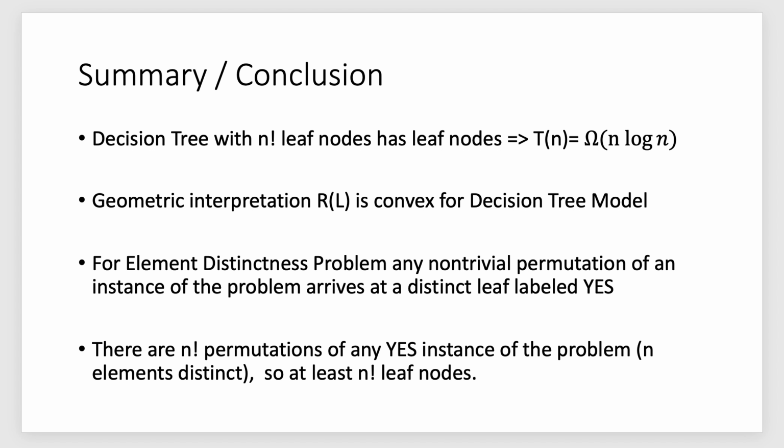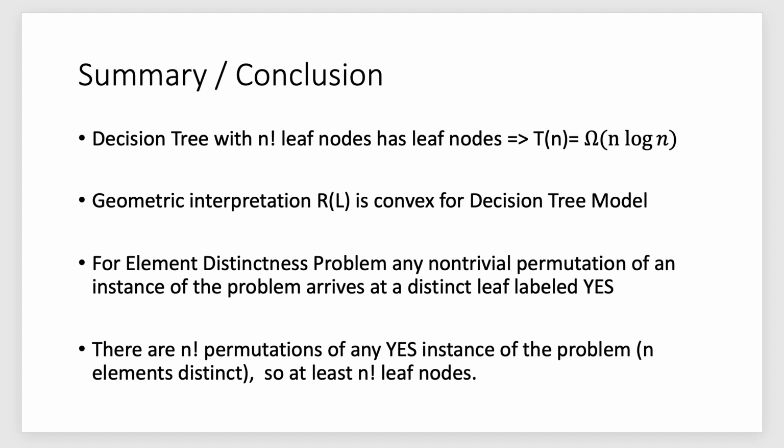Summarizing everything, we have n! permutations for any instance of the problem that leads to yes, where all the elements are distinct.